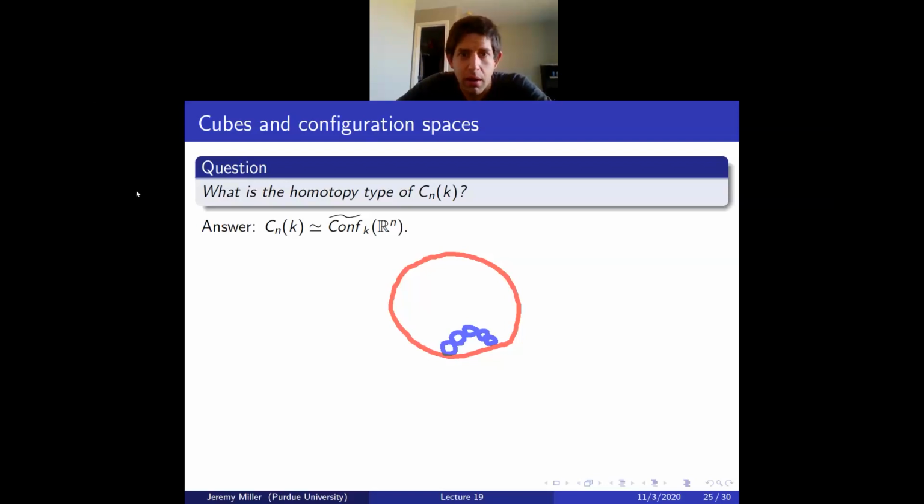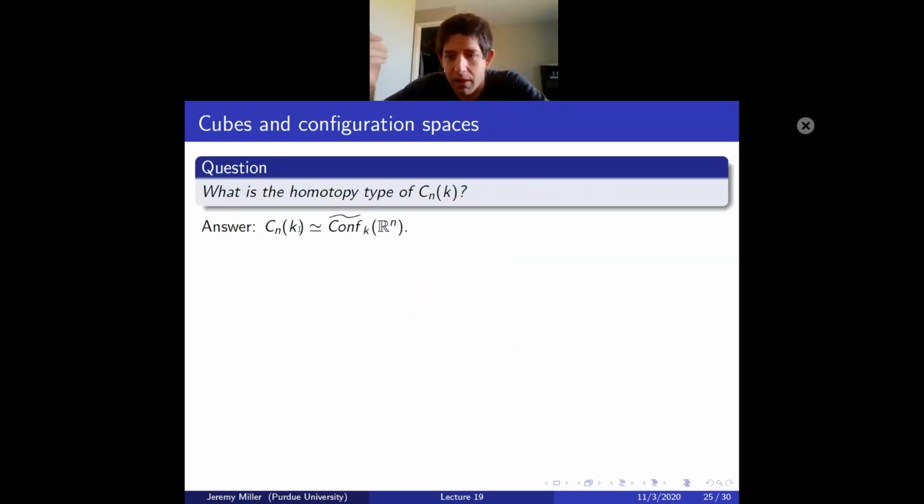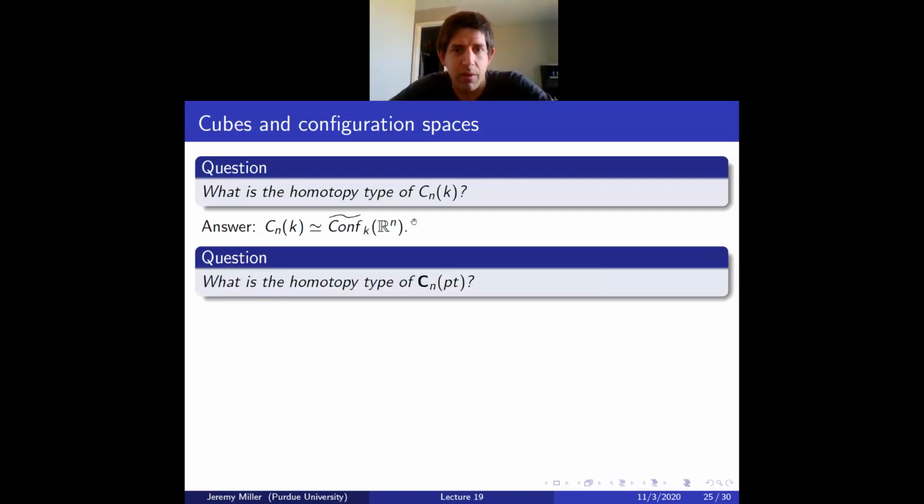Okay. Yeah, but here we allow the sizes of the cubes to vary, so they can't get snookered, whatever the word is. So what's the homotopy type of, let's say, the monad built out of this, evaluated on a point? Any guesses for this one?